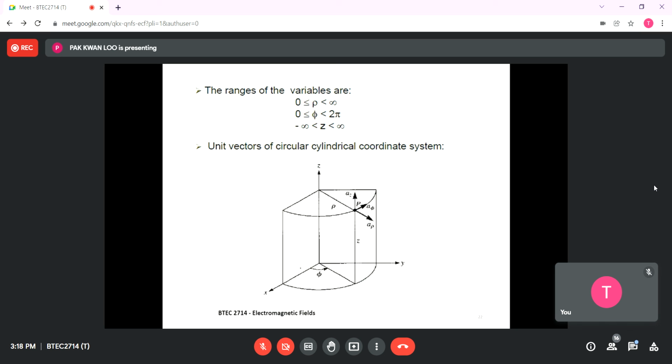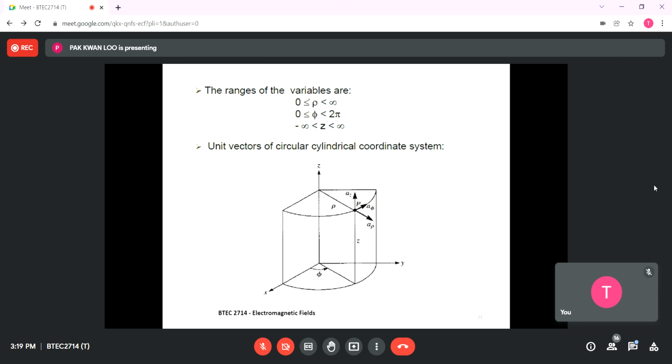So as the name implies, this axis here should trace a cylinder, should give you a cylinder shape. First we start with the range of the variable.